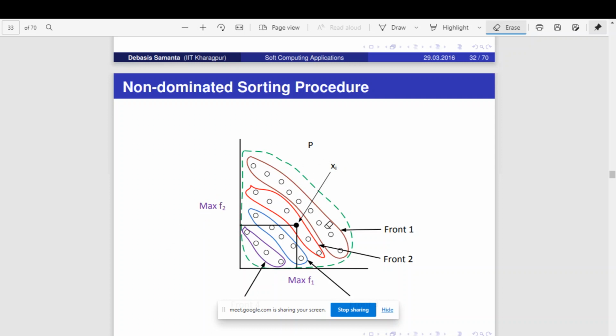If you want to identify the next best individuals, let us remove these from the population, because we already know these are the best individuals and they get first rank. If you remove this, then who will be first rank?